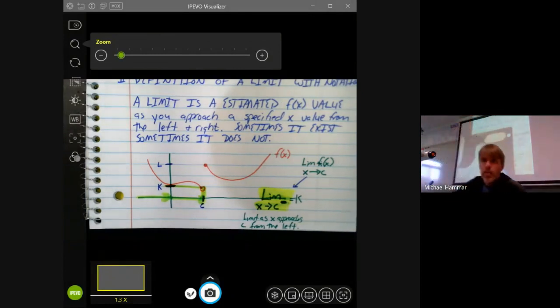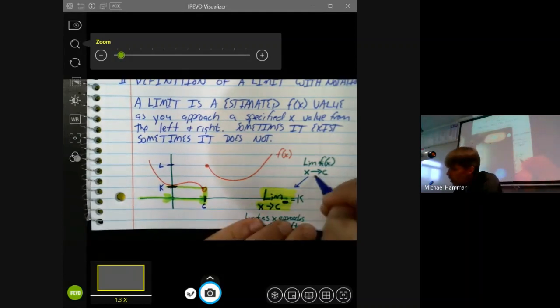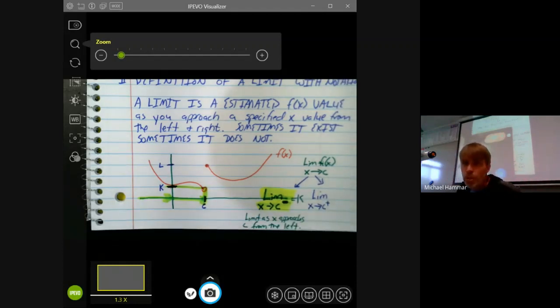So the limit as x approaches c from the left is equal to k. Now, we also have to take the limit as x approaches c from the right. Notice that I am using a plus sign. Okay?